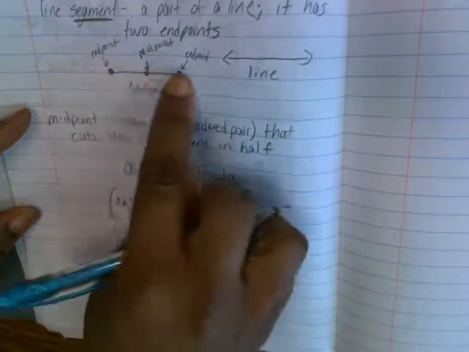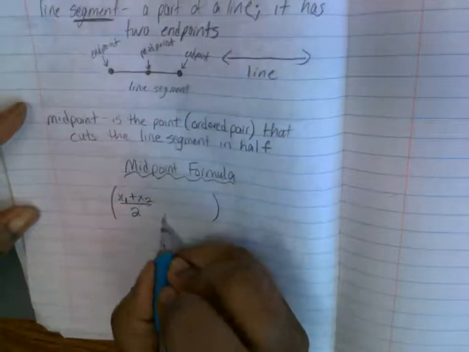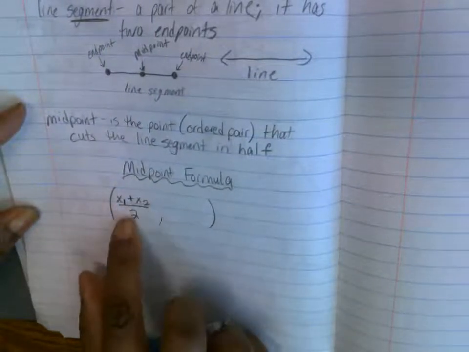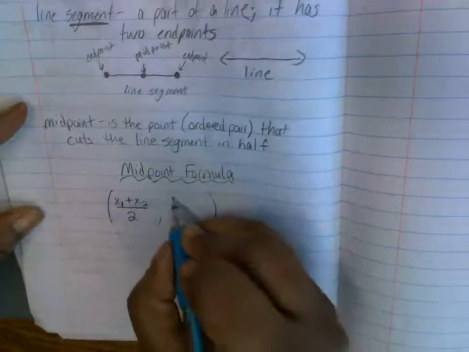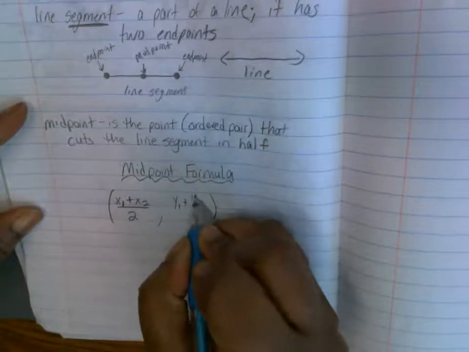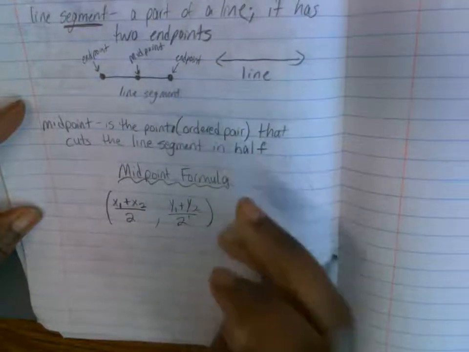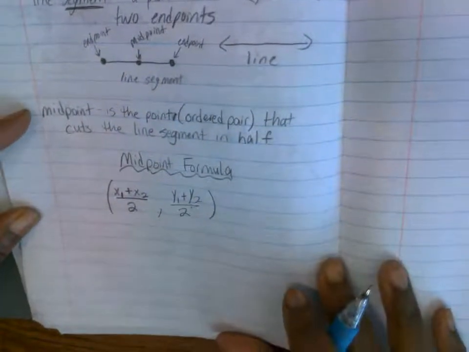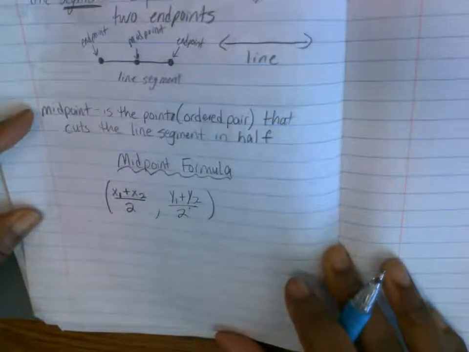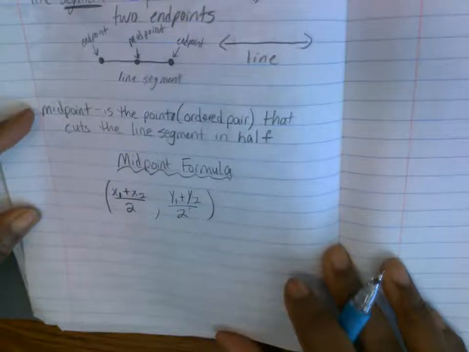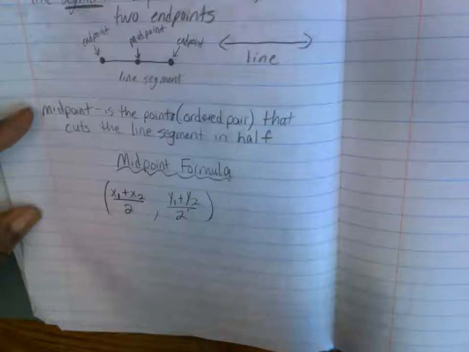So add the two x's of the endpoints together and divide by 2. That's your x coordinate. Then take the y values of your endpoints, add them together, and divide by 2. That's your y coordinate for your midpoint. This is how you find the midpoint.